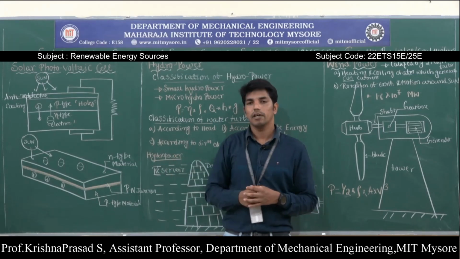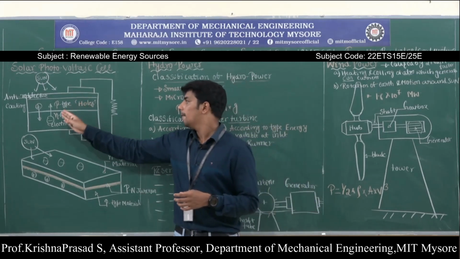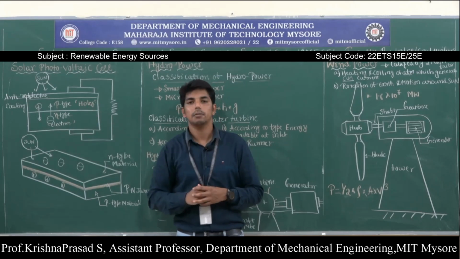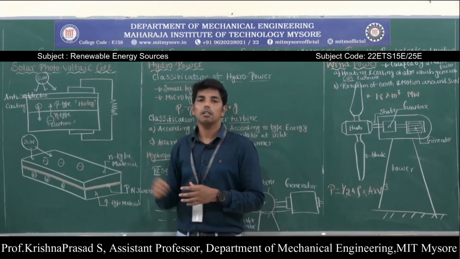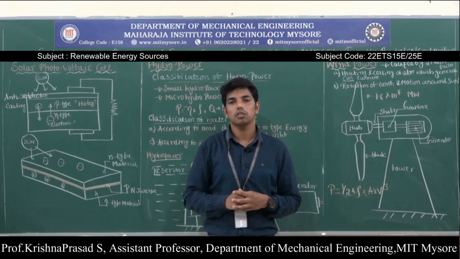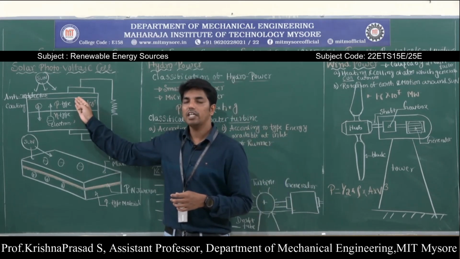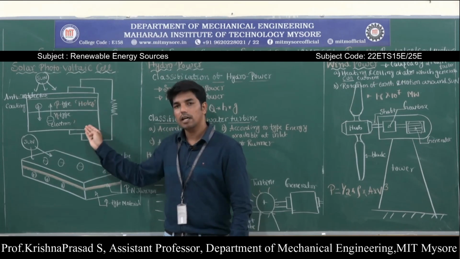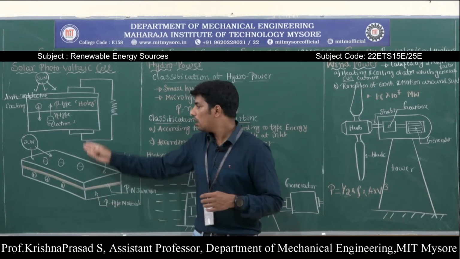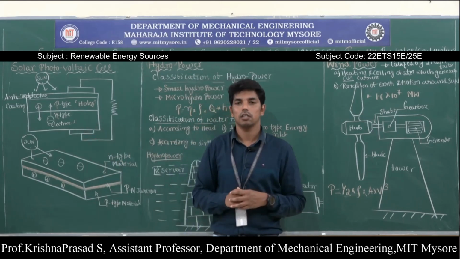Next, very important: what happens in the p-type silicon and what happens in the n-type silicon. The p-type silicon has a large concentration of holes, and these holes have an affinity to move towards the n-type silicon in order to combine with the large concentration of electrons.